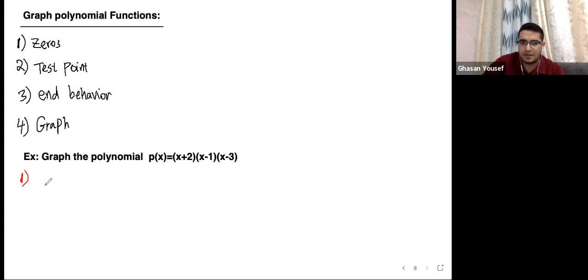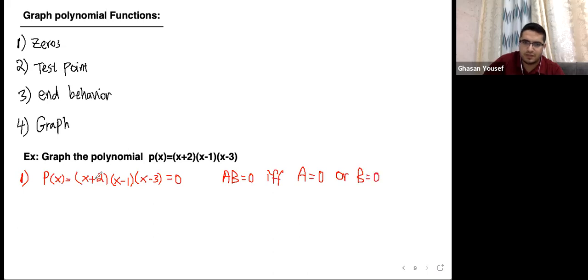Or you can solve it by using the zero product property, if you remember this property. So b of x equals (x plus 2)(x minus 1)(x minus 3) equals 0, by using the property: ab equals 0 if and only if a equals 0 or b equals 0. Here we have a, b, c. This equals 0 means x is minus 2.